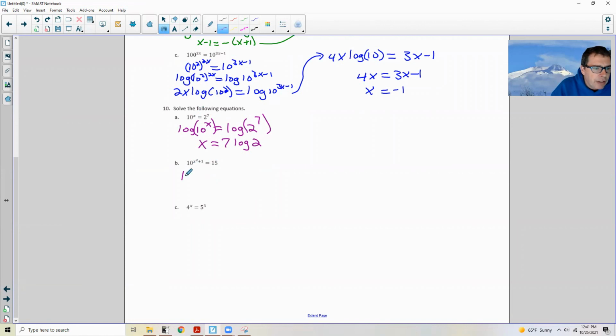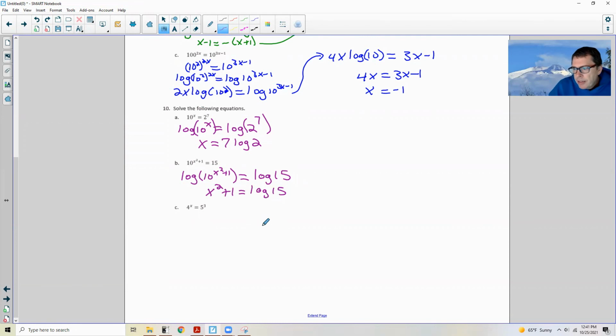So 10 to the x squared plus 1 equals 15. So I'm going to take the log of both sides. Log of 10 to the x squared plus 1 equals the log of 15. Take my rule here, and that's just going to be x squared plus 1 equals the log of 15.